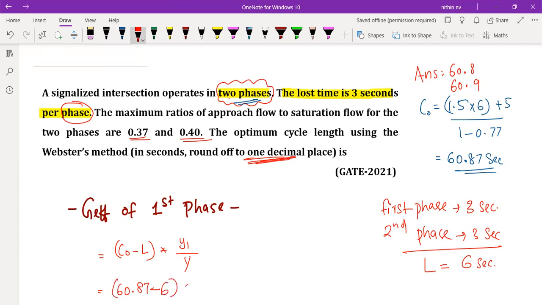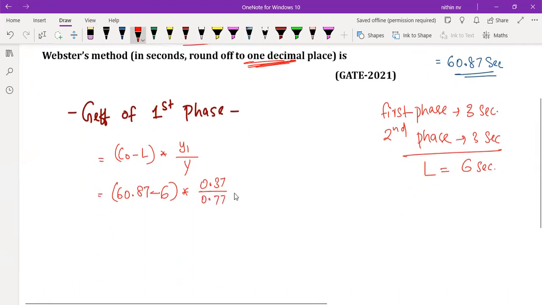You know? Then how much is Y1 for the first phase? That is 0.37. You know? Divided by capital Y, which was 0.77. Understood? So you calculate this. That will be your effective green time.